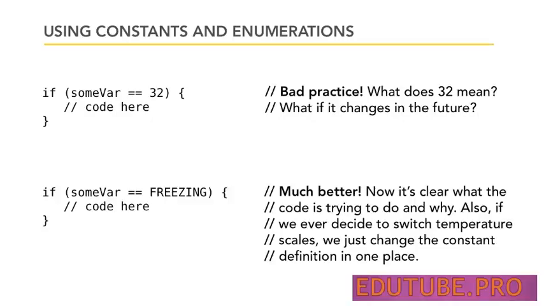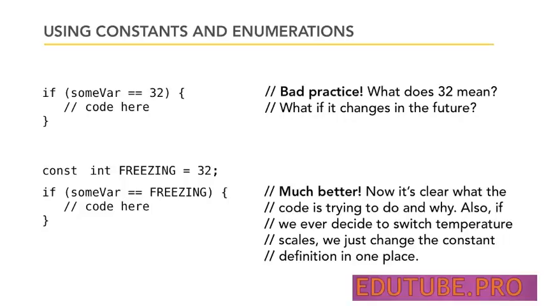And the way you define that constant freezing is by using the const structure. So here I'm saying const, and then the int, and then the name of the constant that I want to use is equal to some number. So constants are used for numbers whose value is not going to change over the life of the program. So here you can see I've got a definition for const int freezing equals 32.